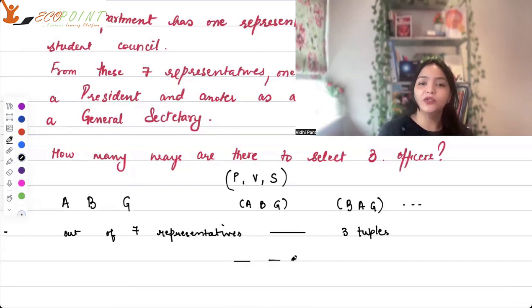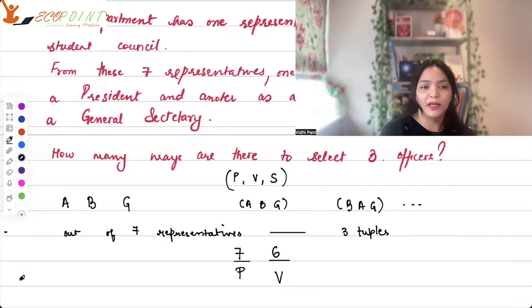So how many choices do I have for president? For president, I have 7 choices, right? Now for the vice president, one person out of the 7 is already the president. No matter who that person is, I'll be left with 6 people who are options for vice president, right?